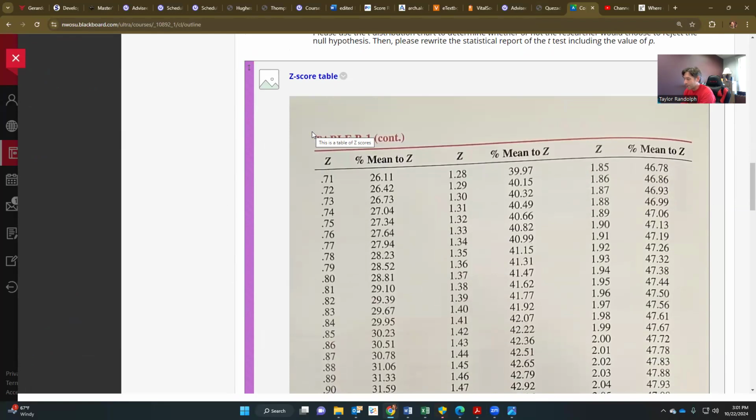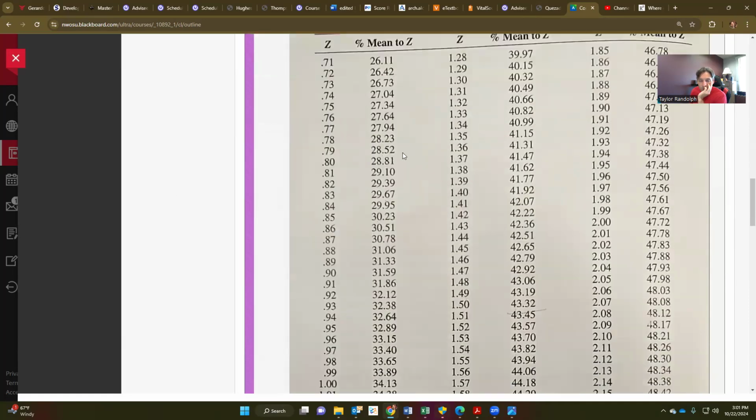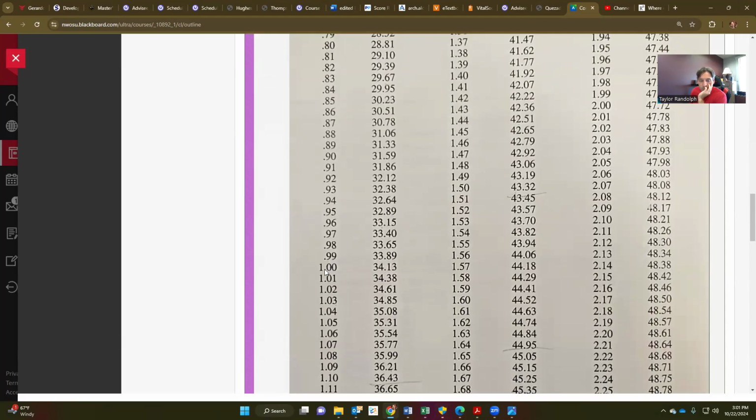And it describes the percent of a population that is present in relation to different z-scores. So, for instance, let's just take a z-score of 1, looking at our example.